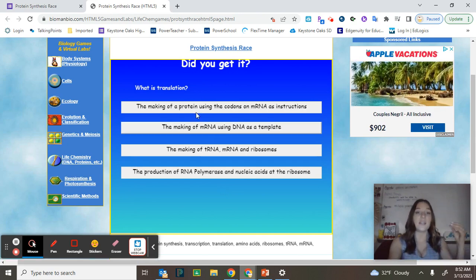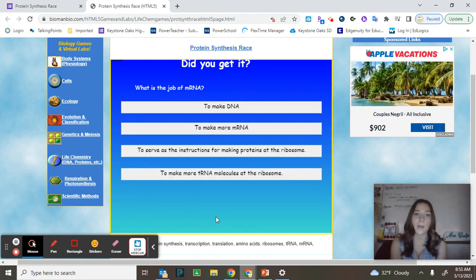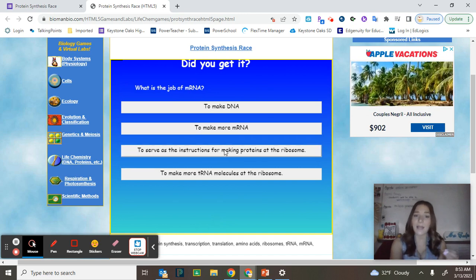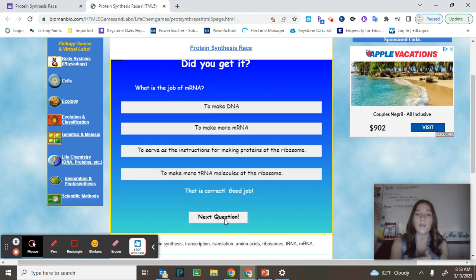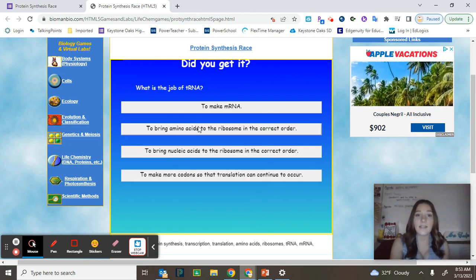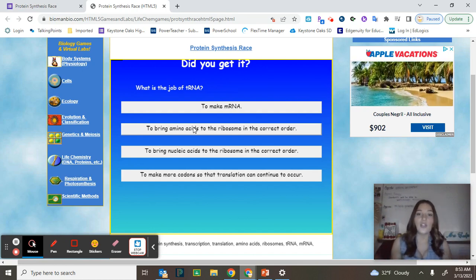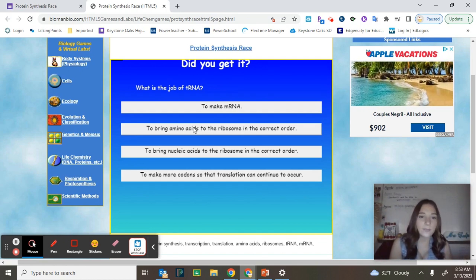Translation, which is what we just did, is making proteins using mRNA codons, aka the instructions from mRNA. What does the mRNA do? It is the instruction, it's our template that we're using to know what amino acid should be next in our sequence. tRNA specifically is bringing amino acids. It was the one carrying those little circles to the ribosome in the correct order.